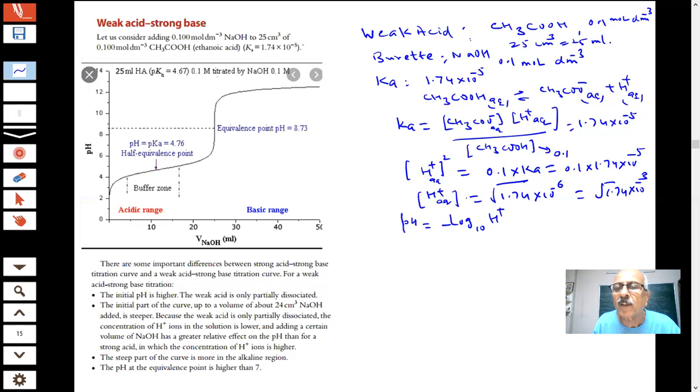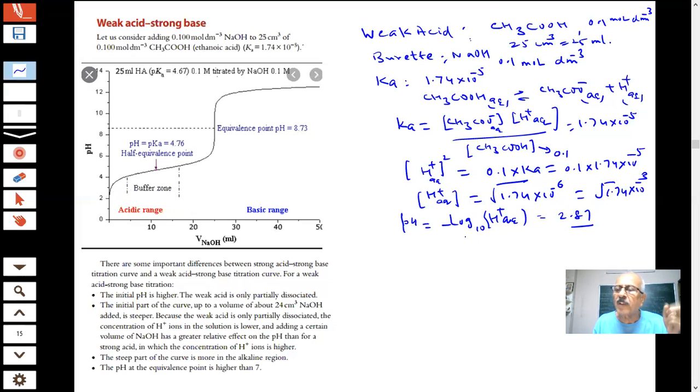If you do this calculation with the calculator, the pH is coming to be more than 2 here, students. It may come to be around 2.87 or something; you can calculate it.